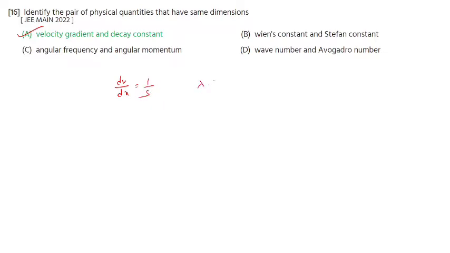Similarly, decay constant, it is nothing but 1 by s, its dimensions is also 1 by s. So the dimensions of decay constant and velocity gradient are the same. So here velocity gradient, how we got 1 by s? So velocity, meter per second, divided by distance, the unit is meter.